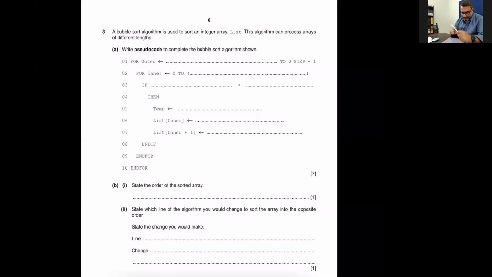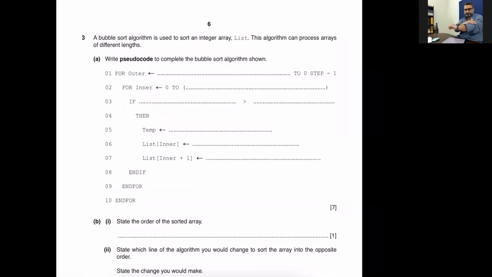In this question 3, October-November 4-2, 2018, a bubble sort algorithm is used to sort an integer array list. This algorithm can process arrays of different lengths. So write pseudocode to complete the bubble sort algorithm.